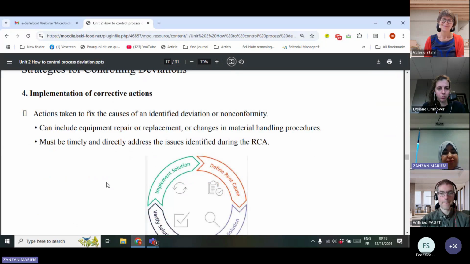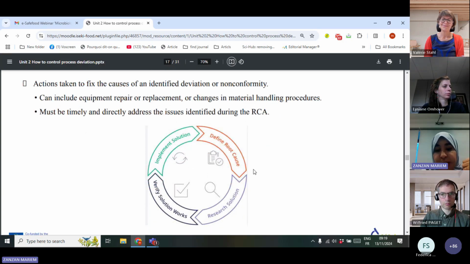So here, the implementation of corrective actions should be taken to fix the cause of an identified deviation or non-conformity. It can include equipment repair or replacement, or a change in material handling procedure. As we can see here, first of all, we define the root cause. After that, we implement the solution.